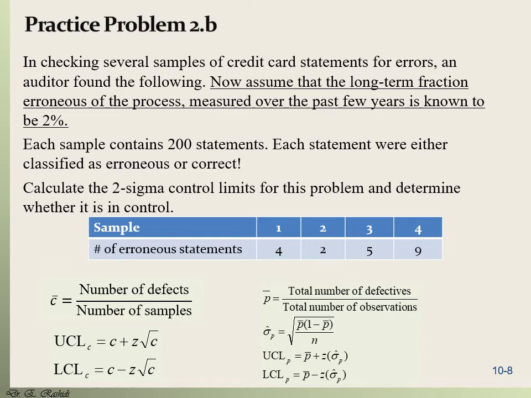So we know the P here. So knowing the P now, how would that change your control limits? So please pause, try to solve this problem given the new information, build a control chart, the upper and lower control limits, and then try to see whether the process is in control or not. And after you're done, come back to see the solution.